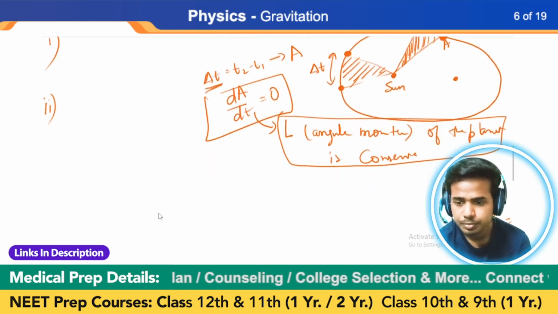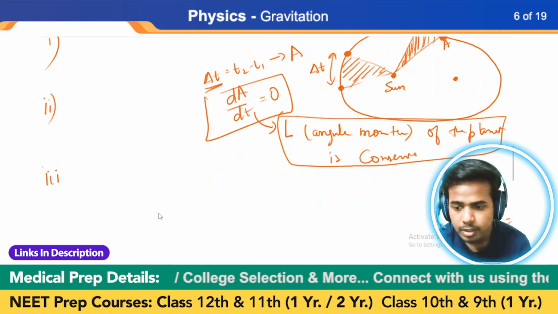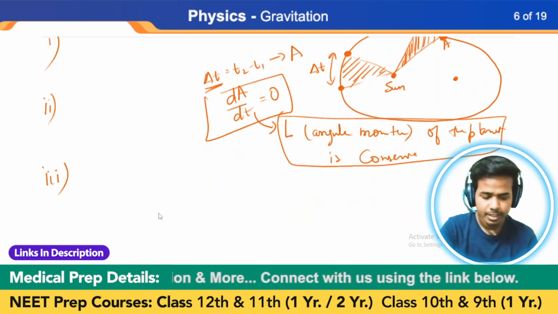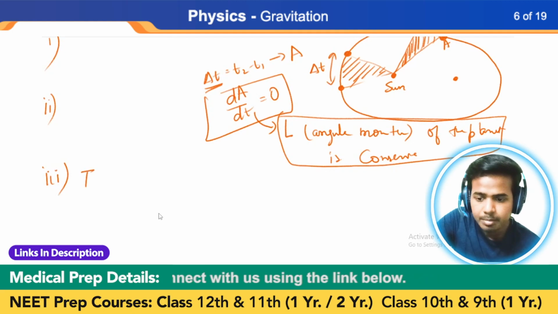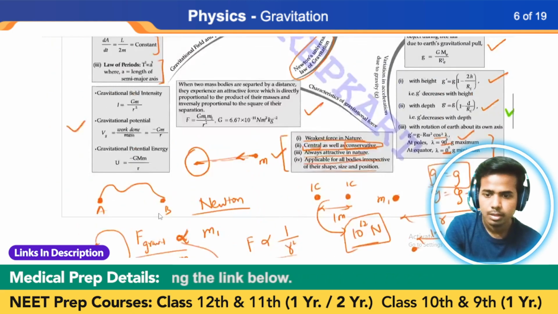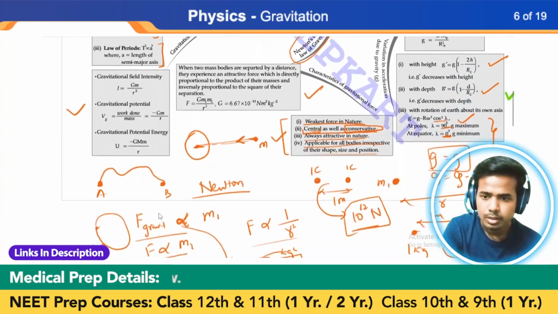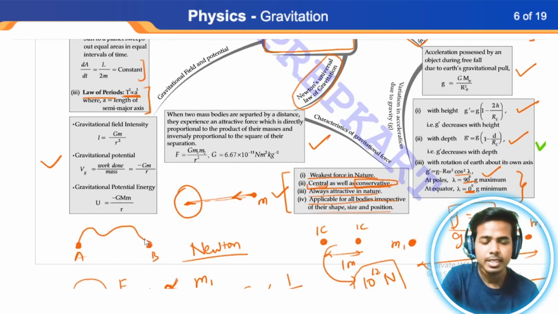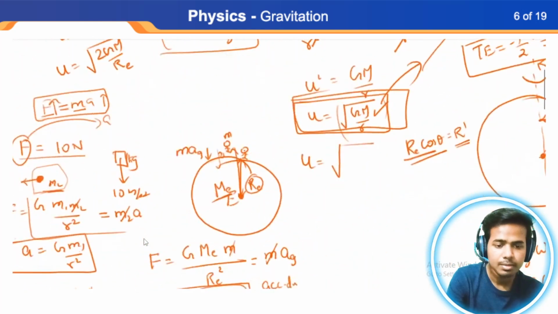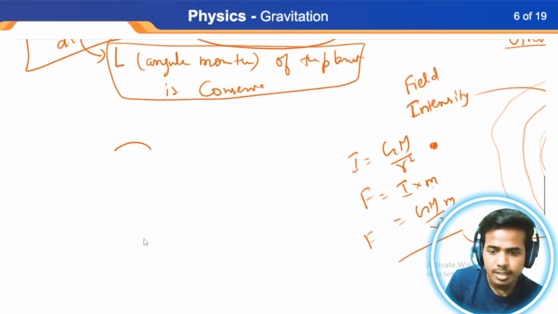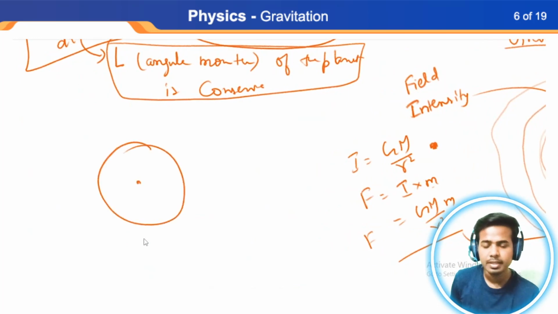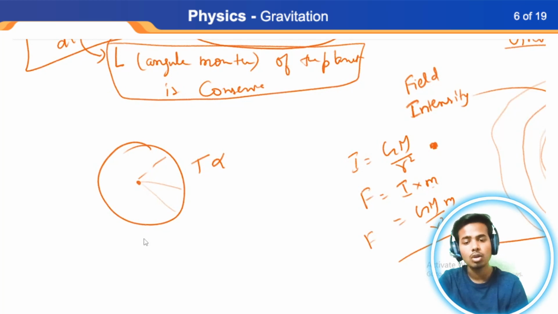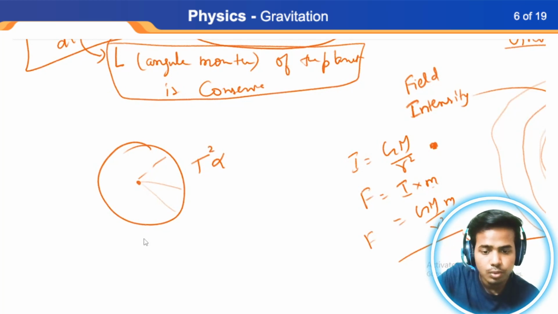The next is the third law of Kepler. When you assume that the orbits are circular in nature and you find the time period, it will not actually come out to be in the order of T square is directly proportional to a cube.